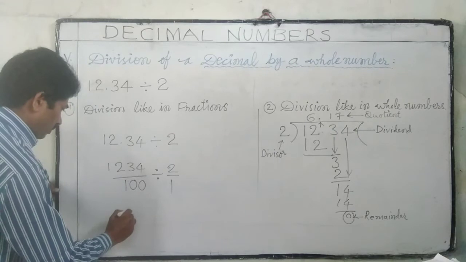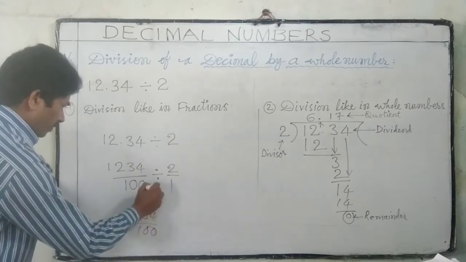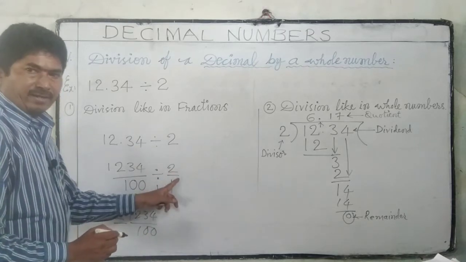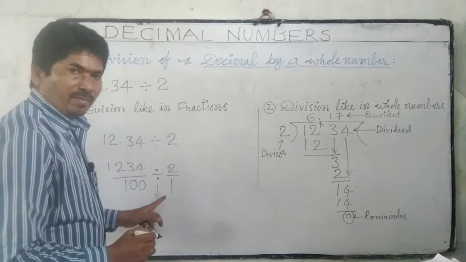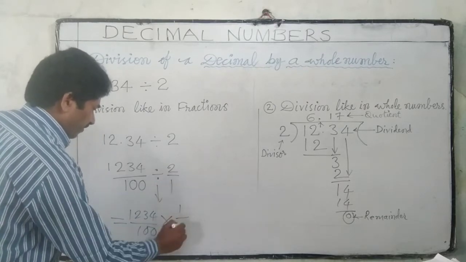Now 1234 by 100. To divide a fraction by another fraction, we multiply by the reciprocal of the second fraction.